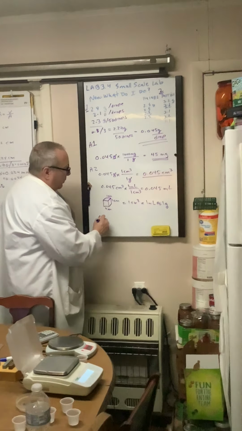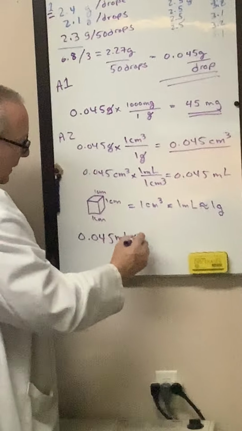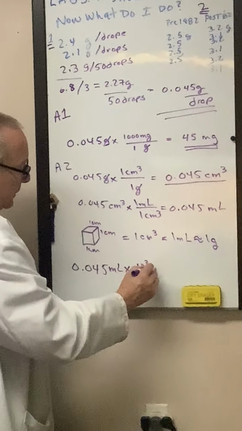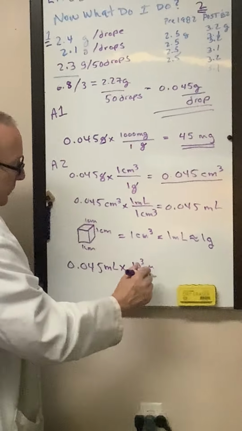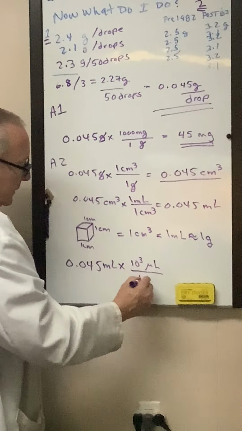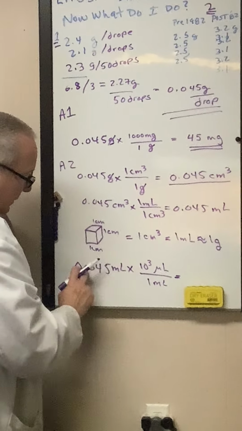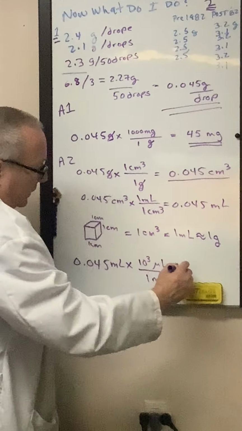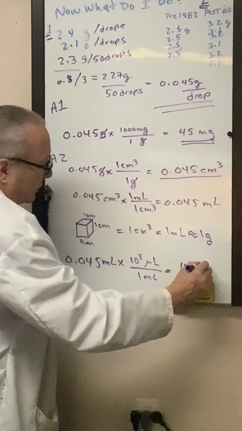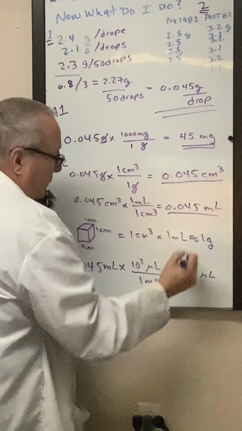So if I have 0.045 milliliters and I multiply that times 10 to the third, or 1,000 microliters, remember that's a Greek letter mu, it's a U with a tail, per 1 milliliter, then I will find that this is 1, 2, 3, 10, 100, 1,000 is equal to 45 microliters. And there's your other answer. So, these are your answers for question 2.